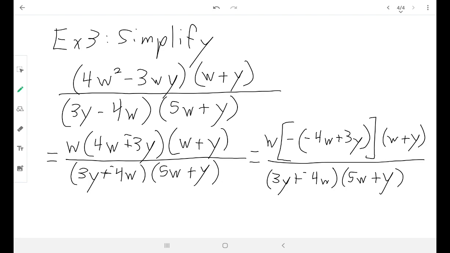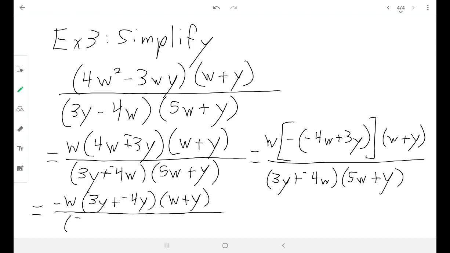So all I have to do now is do this w times that negative, and I'll have something that allows me to do what I need to do. So then I can have negative w times, and let me put the positive 3y first, plus the negative 4w second, times w plus y, all of that over 3y plus negative 4w, whoops, sorry, I messed that up here.